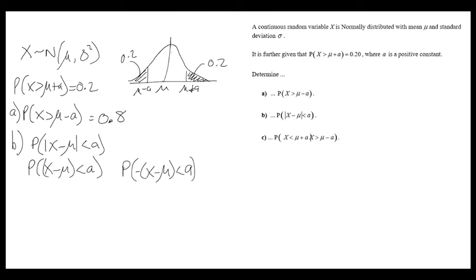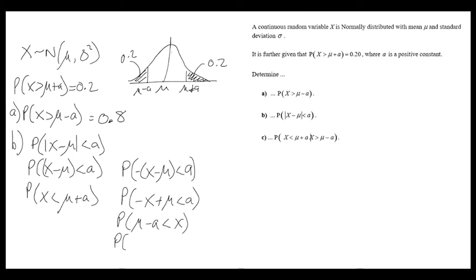Okay, for the positive one, just a little bit of quick rearranging. Let's isolate x: the probability that x is less than mu plus a. Okay, that's easy enough to work with. For the negative version, I'm going to first expand that bracket, so I'll get negative x plus mu, and now I'm going to once again try to isolate the x.